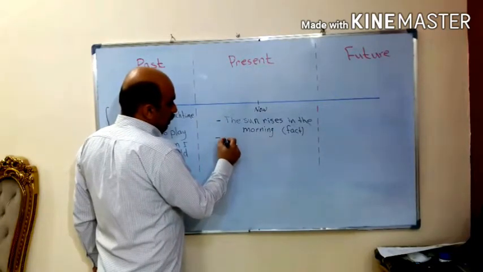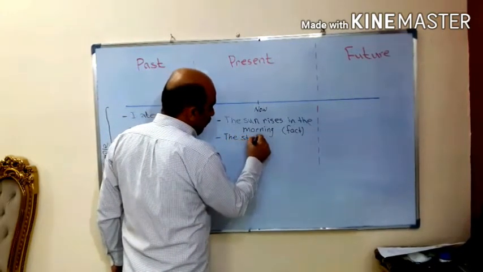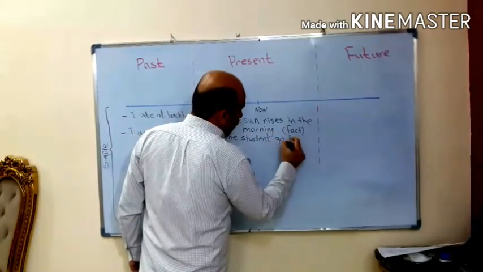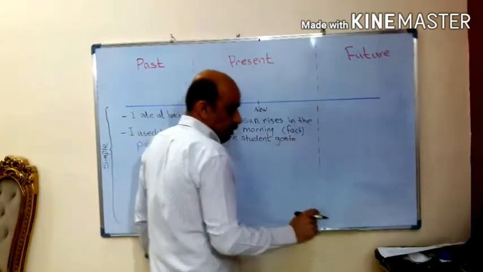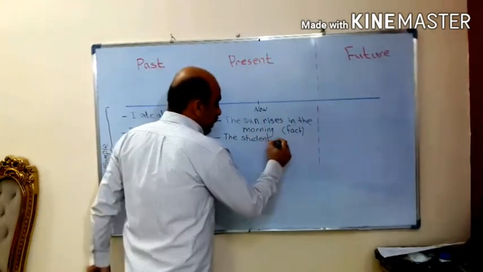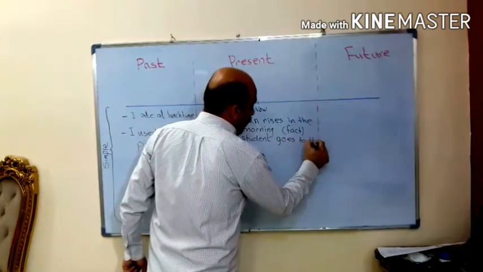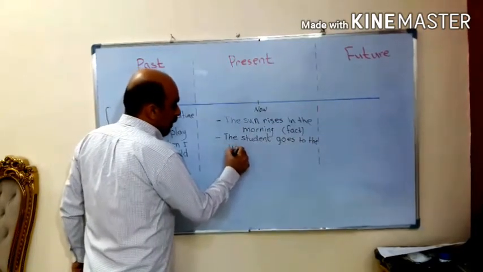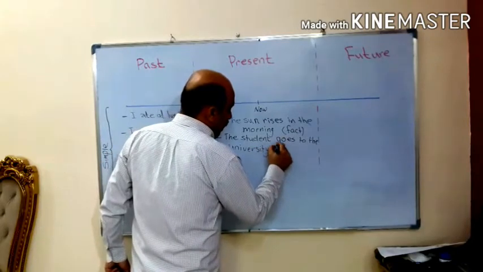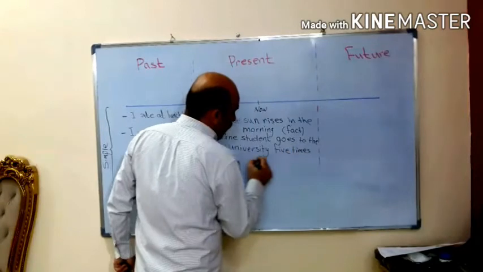For example, a student goes to the university 5 times a week.